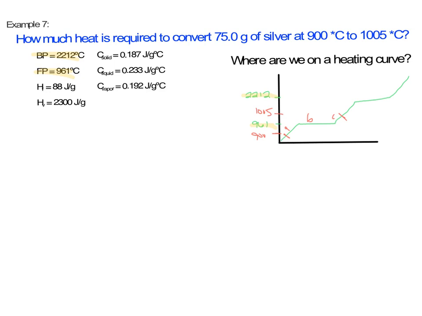So step A is going to be MCAT. Let's plug those guys in. 75 grams times the specific heat of silver. Now this time, if you look at step A, we're dealing with solid. So we're going to have to be sure we pull the solid specific heat, 0.187, times its change in temperature. Now be careful, we don't have those nice numbers of 0 and 100 for our melting and boiling here.